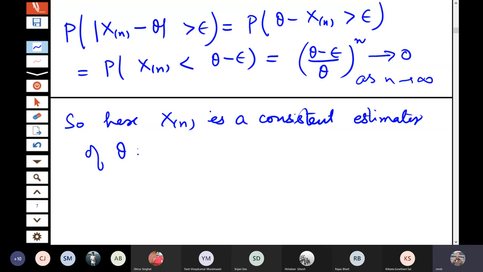So here you see this uniform distribution is on the interval 0 to theta. So theta is the upper bound, and in order to estimate it consistently, we may use the largest observation. So for example, if I want to estimate the time up to which students joined the class, whether it is 5 minutes or 10 minutes, we take the time of the last student who joined.